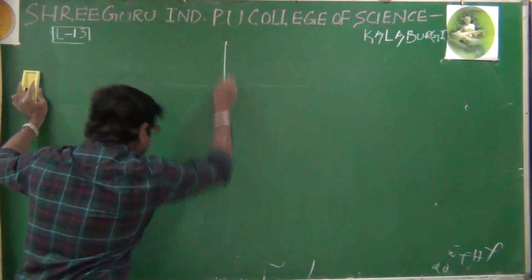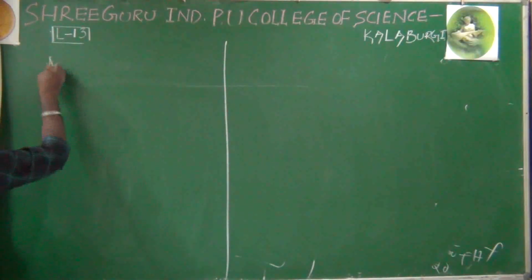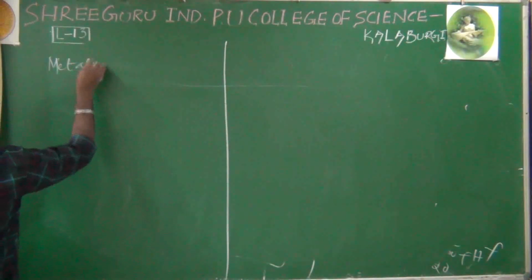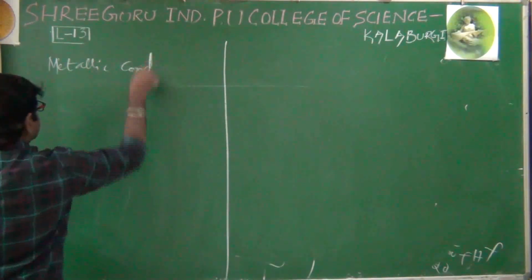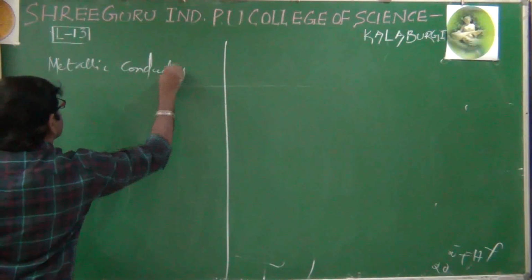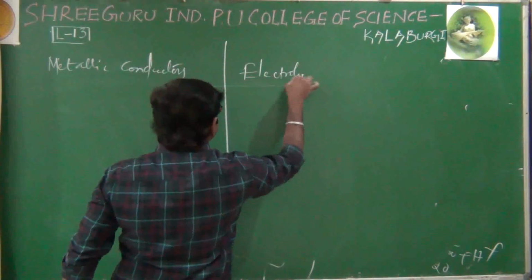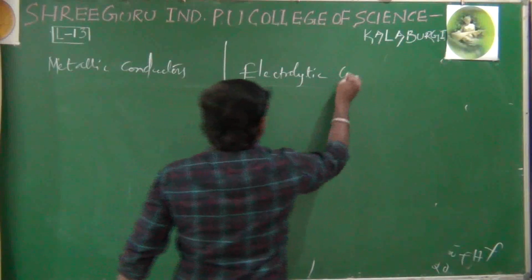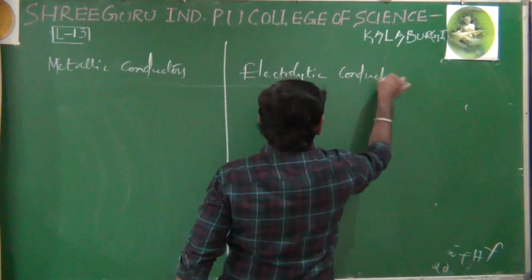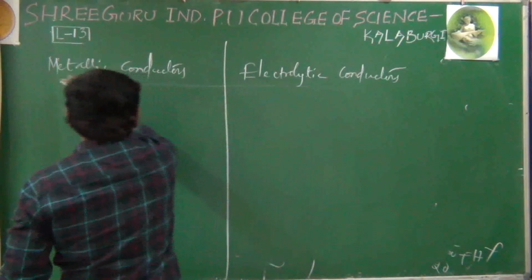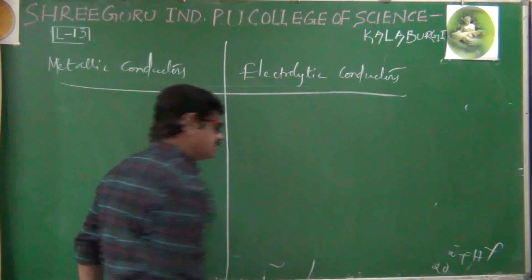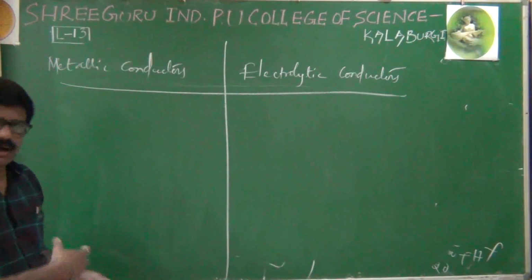Right, on one side metallic conductors, and on the other side we will write electrolytic conductors. Now one by one we will write as many points as possible.